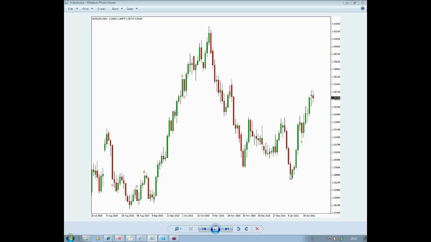Now, if you have a wick of 1 pip, it's okay. If it's a daily chart, it's okay even if it's 2 or 3 pips. If it's a 1-hour chart, then I accept even 1 pip.